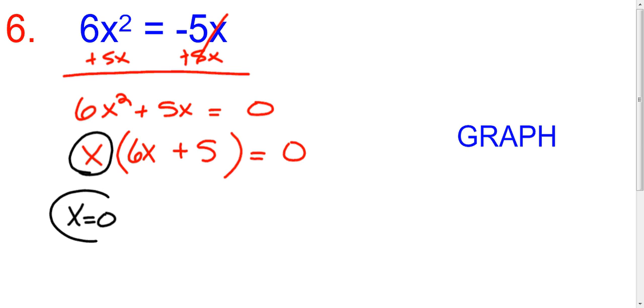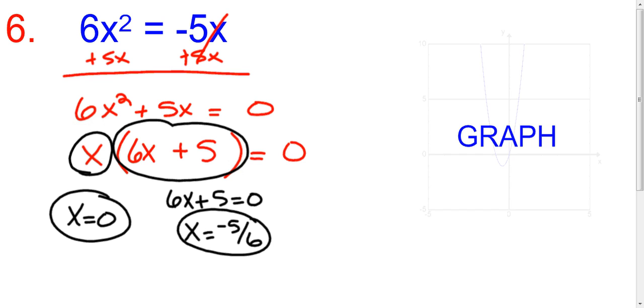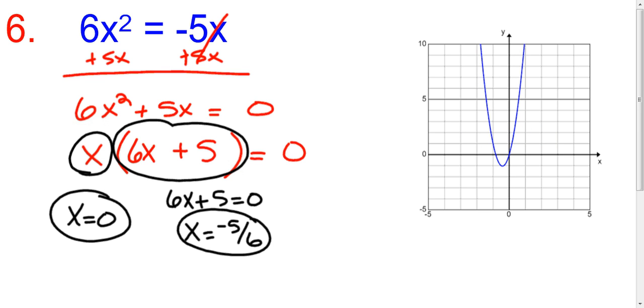X could be 0, that's one solution. And then I will set this part, 6x plus 5, equal to 0. I think you can see that you're going to subtract 5 and divide by 6, and x will turn out to be negative 5/6. So although it didn't look like it from the beginning, it does have 2 spots where it crosses the x-axis, one at 0 and one at negative 5/6, which you can see is confirmed here by our graph. Okay?